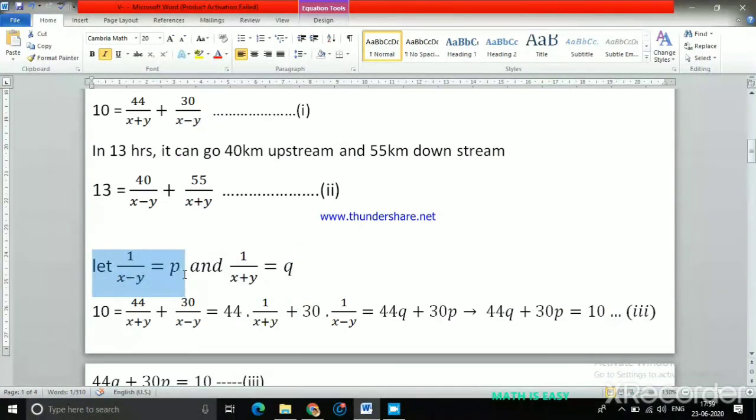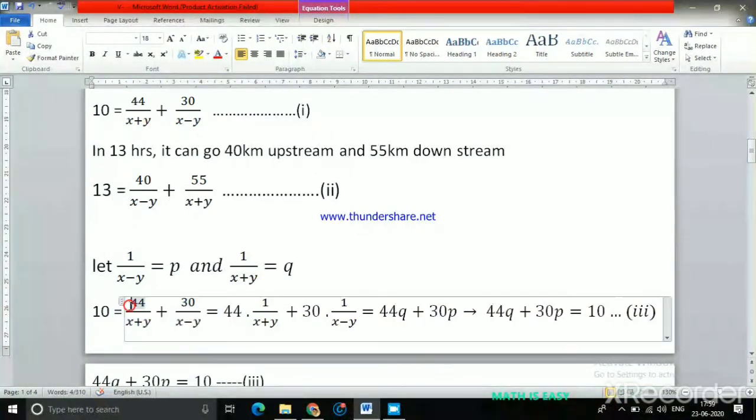Now from equation 1, what you have is 10 equals 44 upon x plus y plus 30 upon x minus y. The term 44 upon x plus y I can write as 44 into 1 upon x plus y, and similarly 30 upon x minus y as 30 into 1 upon x minus y.